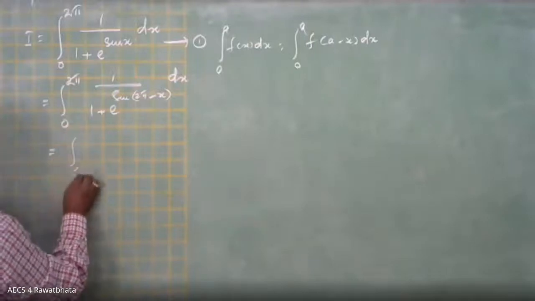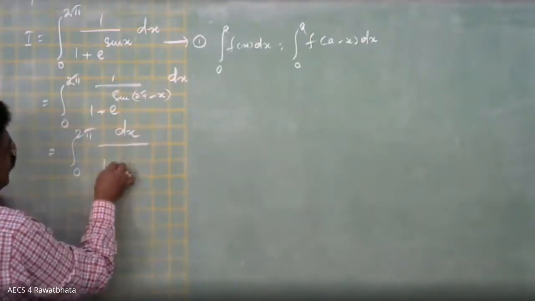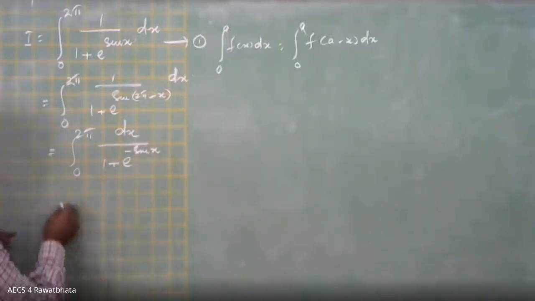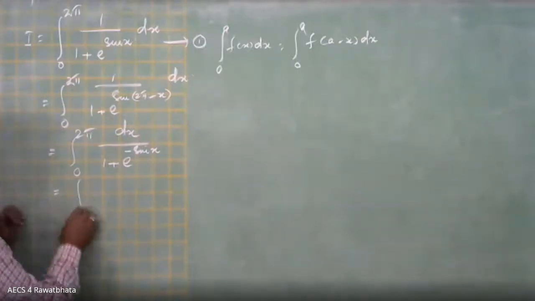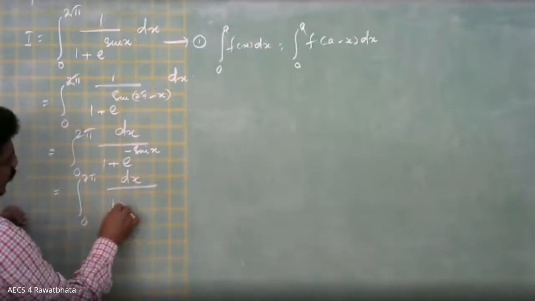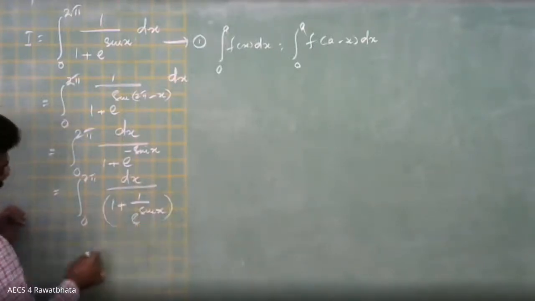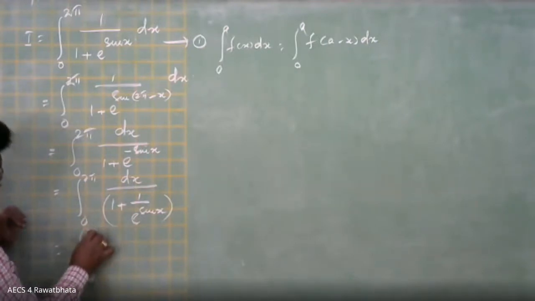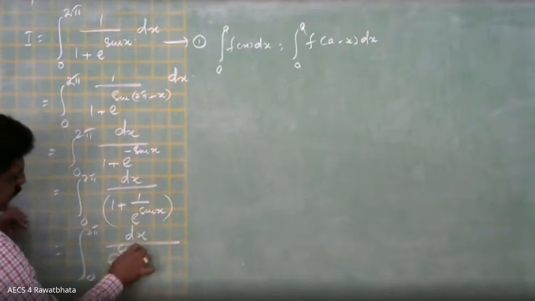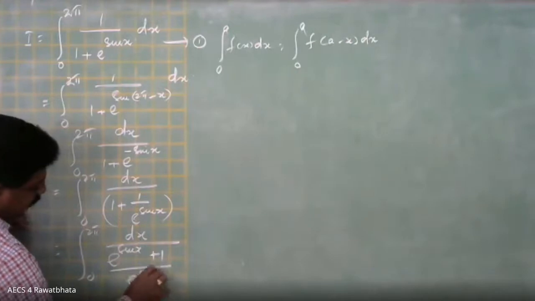So I is the integral from 0 to 2π of dx upon 1 plus e raised to minus sin x, which is the integral of dx upon 1 plus 1 upon e raised to sin x. Correct? So that is the integral from 0 to 2π of dx upon 1 plus 1 upon e raised to sin x.